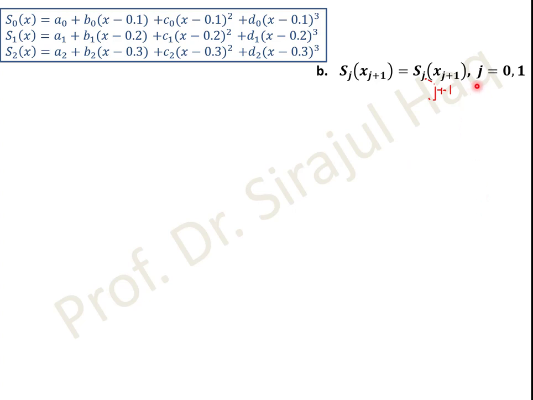So when j is equal to 0, S0 and S1, the common point will be x1.